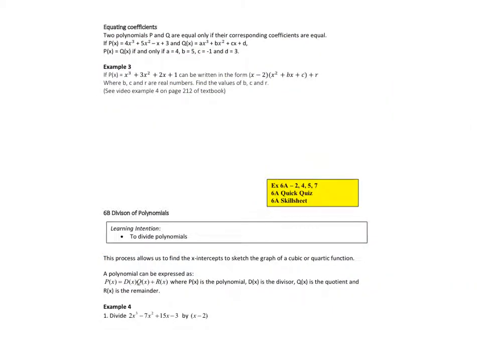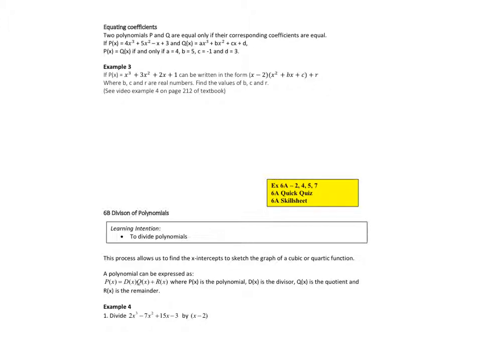All right, so if we have two polynomial functions, the only way they can be equal, the whole polynomials, is if the x squared coefficients are the same, the constant coefficients, if every coefficient has to be the same.